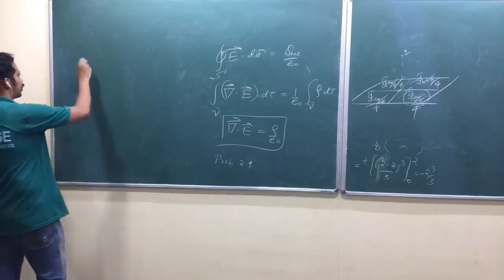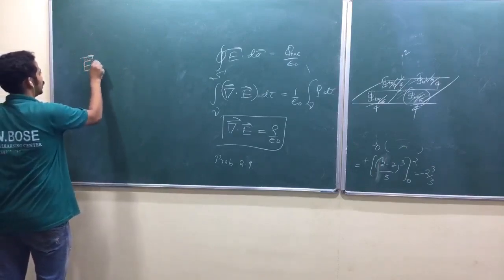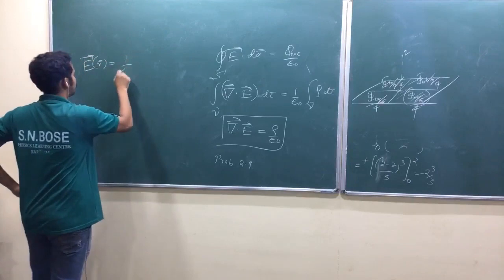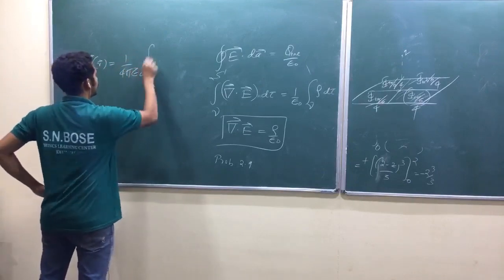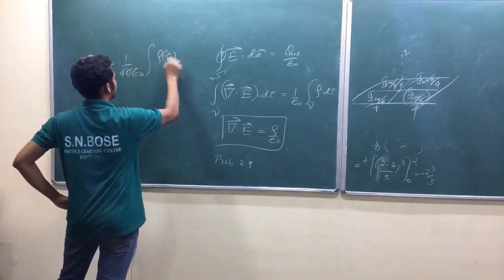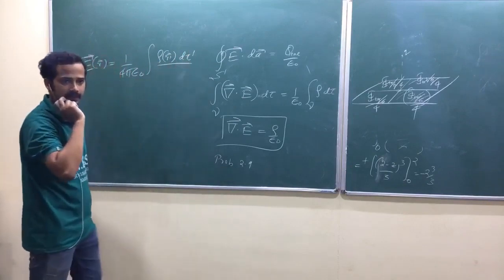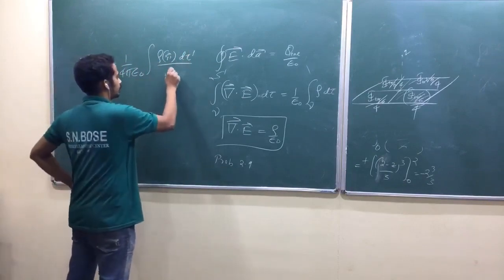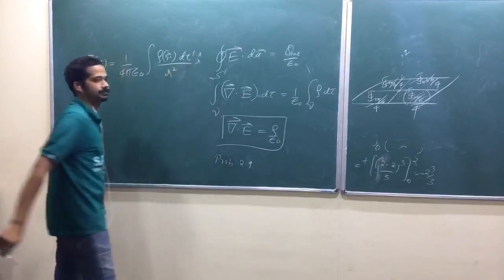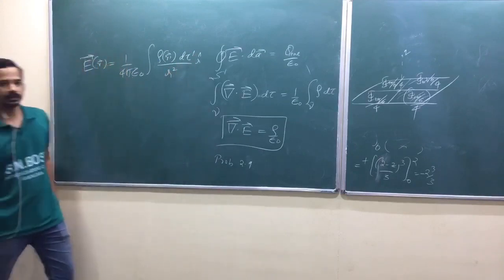Let me do it tomorrow. You can start with your electric field at some point, that is 1 by 4 pi epsilon naught, integral of rho of r prime d tau prime by R square into R cap. I think I have written this one. Just revise. I can start with that one.